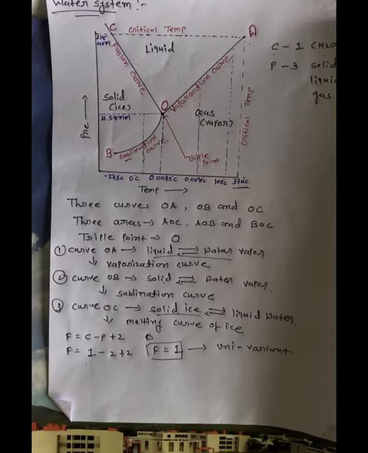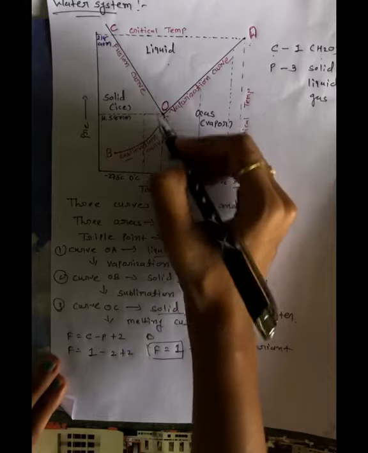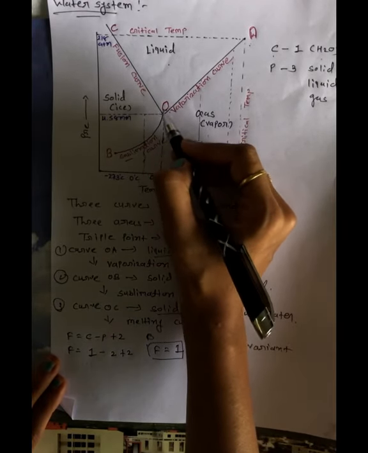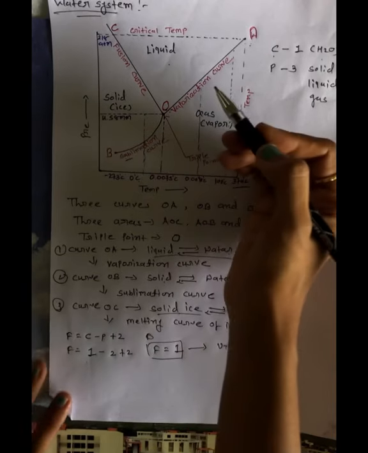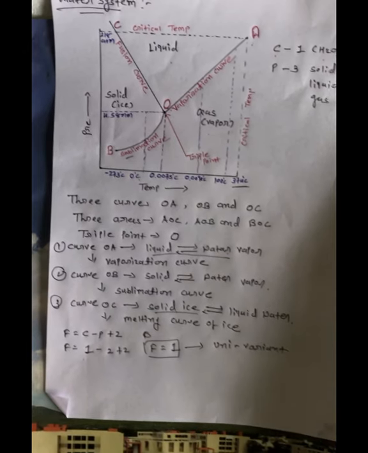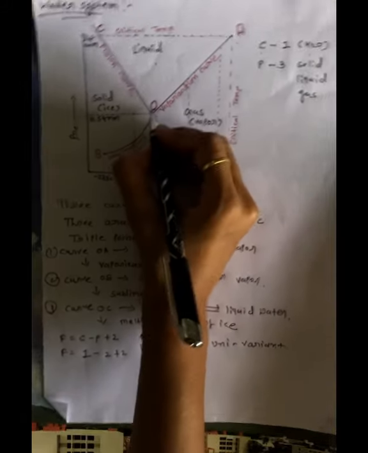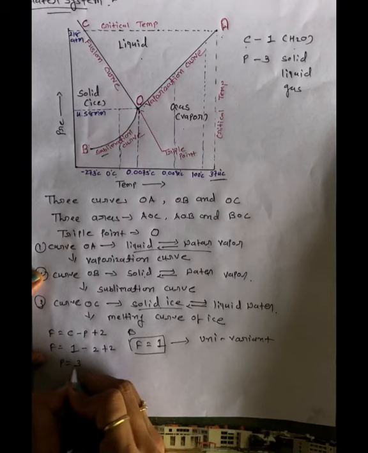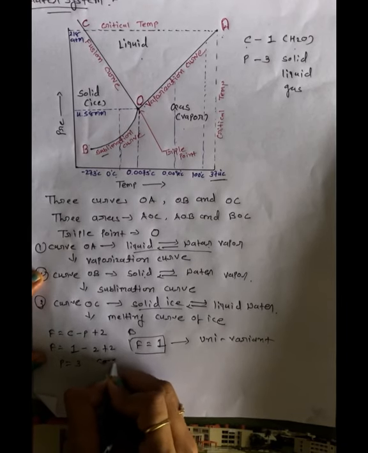Now what is the triple point? Triple point O. The three curves OA, OC and OB meet at point O, where three phases, namely solid ice, liquid water and water vapor, are simultaneously at equilibrium. So this is called the triple point, and at this point the equilibrium will exist. At this point, how many phases will there be? Number of phases 3 and component 1.